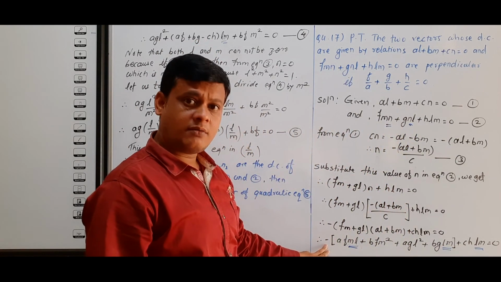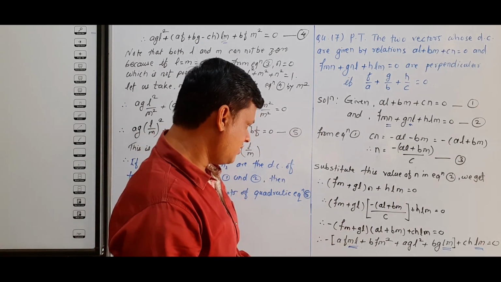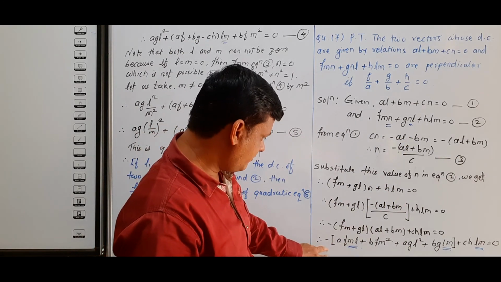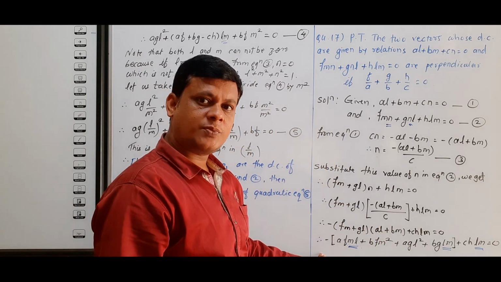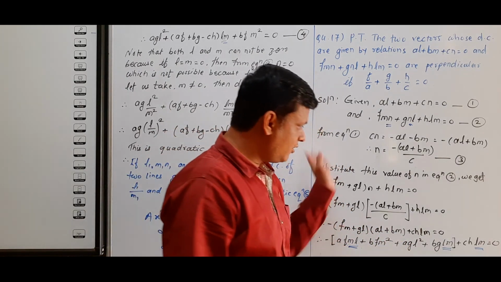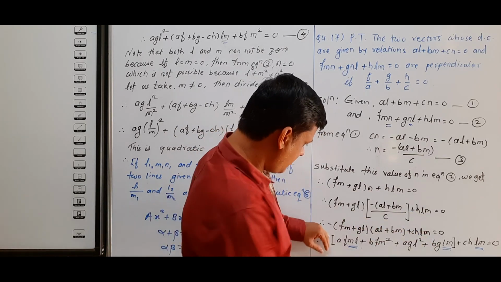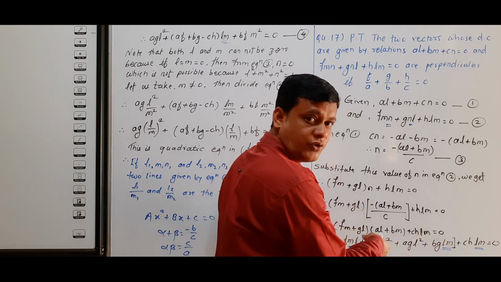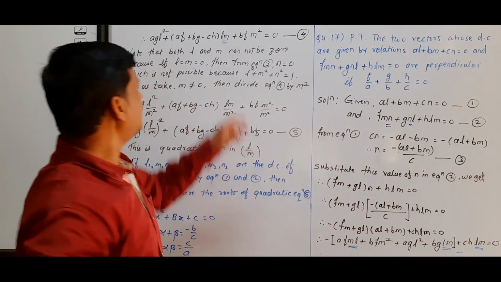Here the sign is negative, so when we multiply each term by the minus sign, all these terms become negative. We can transfer this minus sign to the right hand side, or multiply by the minus sign. So the first bracket terms become positive and this second term becomes negative, so I write here minus ch.